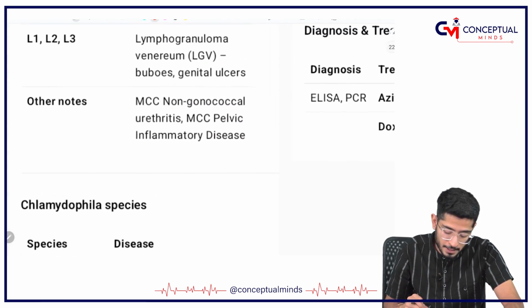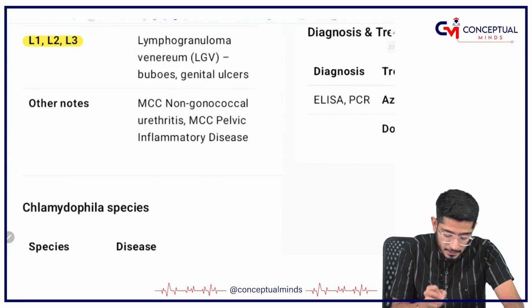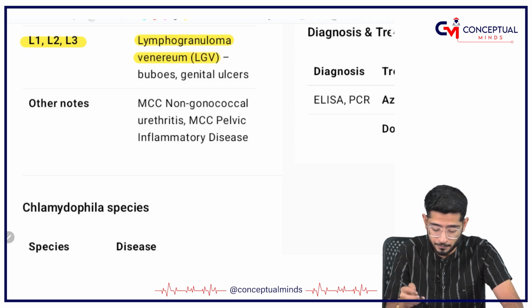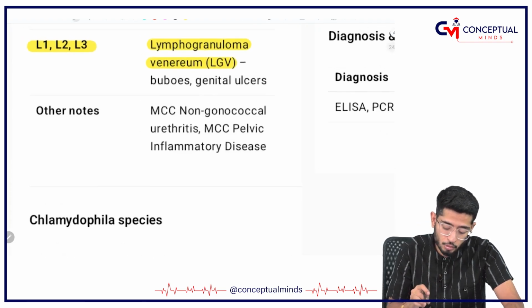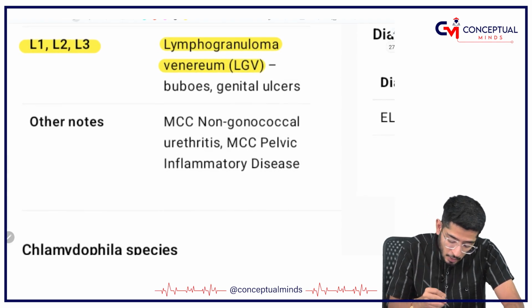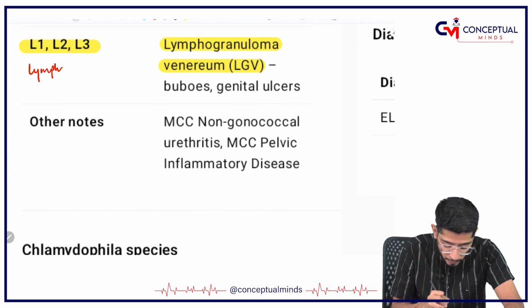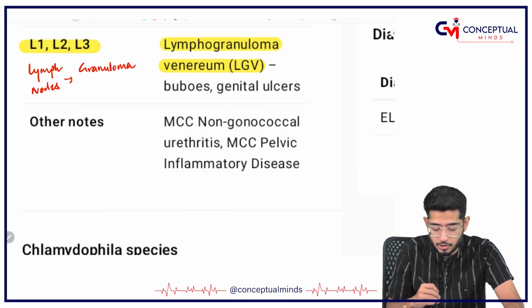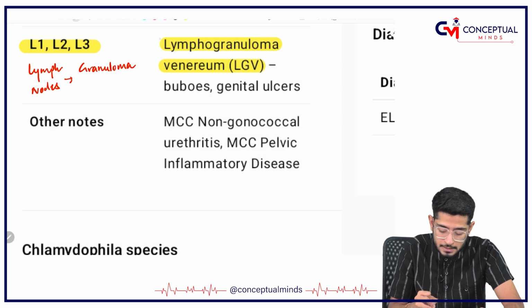Coming on to L1, L2 and L3, these three are again important. L1, L2 and L3 are responsible for causing lymphogranuloma venereum. So, lymphogranuloma venereum means on the site of lymph nodes there will be granuloma formation, which is called lymphogranuloma venereum.